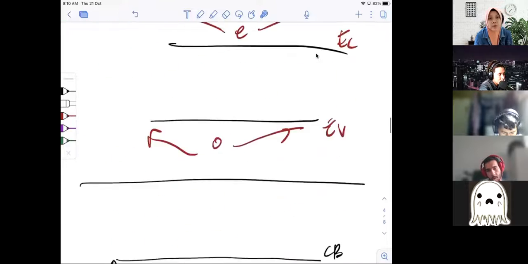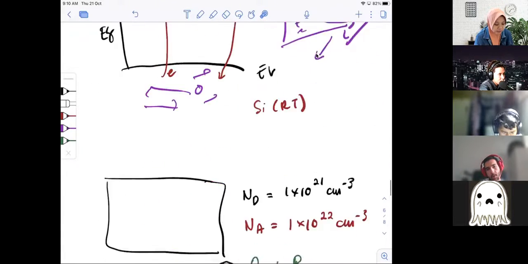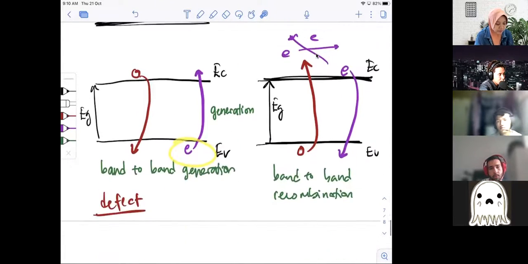In one of the classes, we talked about how you can give energy to the electron through heating, temperature, radiation, or through shining light. Also, you can shine another light with a higher band gap energy, and then this will be absorbed by the electron. So as I said, excitation and generation are the same thing. It takes energy, it gains energy.